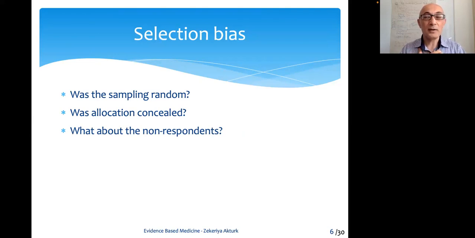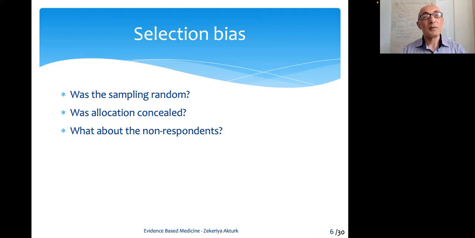If I know that this patient will be in the control group, and I have some empathy with the patient, I might change my opinion and move the patient from the control group to the intervention group. So to prevent this, it is suggested to have a concealed allocation.